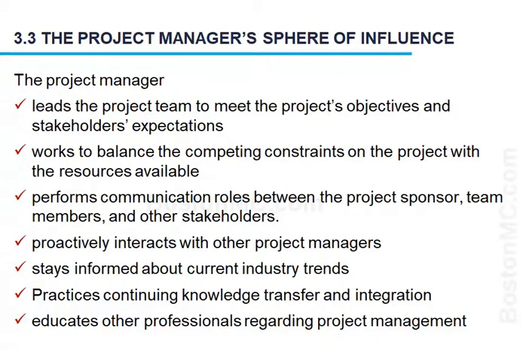So on this slide here, you'll see that the PM leads the project team to meet the objectives and stakeholders' expectations. And that is an ongoing thing, right? There is nothing that says that if you met their needs today, tomorrow nothing changes. And the PM needs to work to balance the competing constraints on the project with the resources that are available.